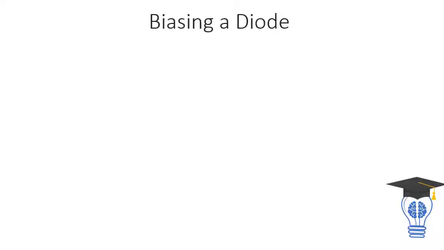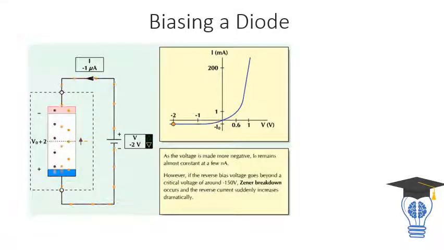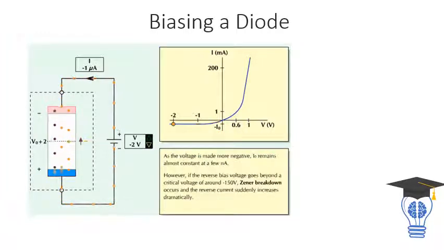When the diode is reverse biased, the positive terminal of the battery is connected to the cathode and the negative terminal of the battery is connected to the anode.